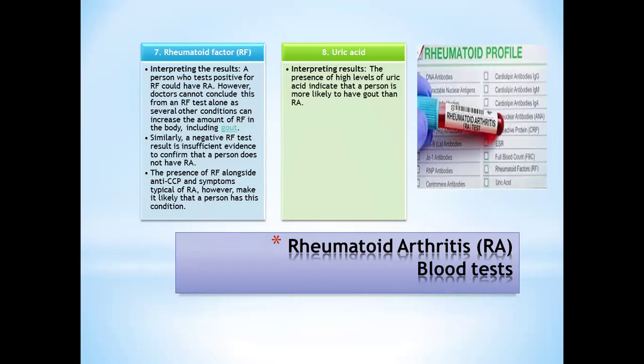Presence of rheumatoid factor alongside anti-citrullinated peptide and symptoms typical of rheumatoid arthritis, however, makes it likely that a person has this condition. And uric acid. A high level of uric acid indicates that a person is more likely to have gout than rheumatoid arthritis.